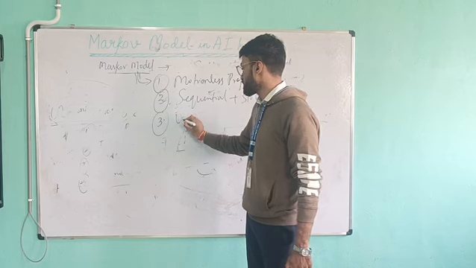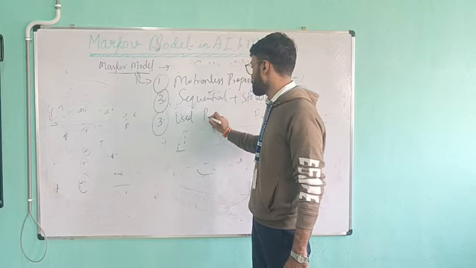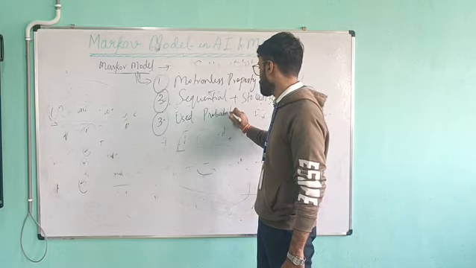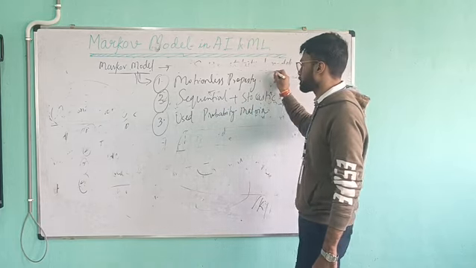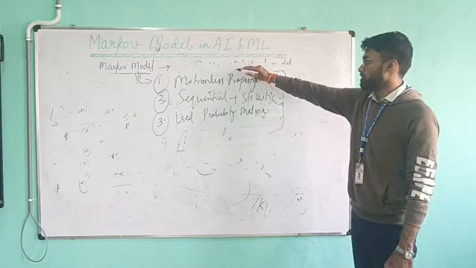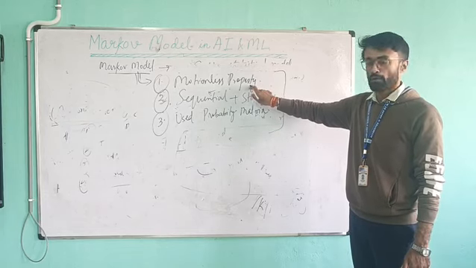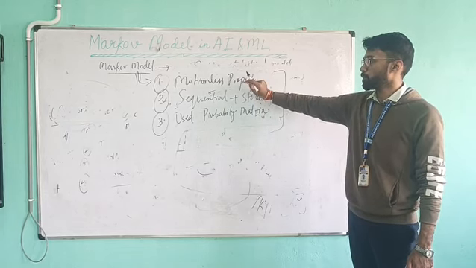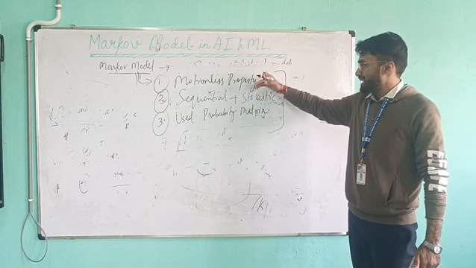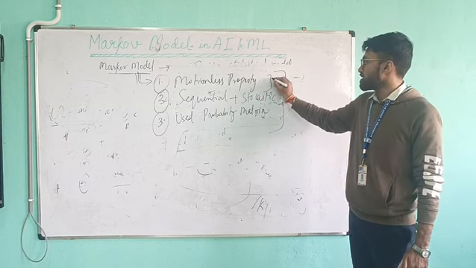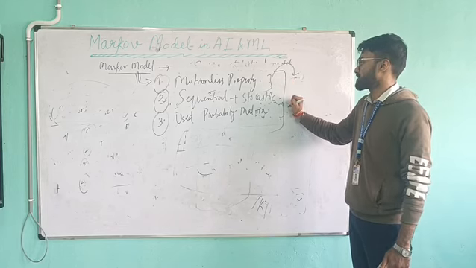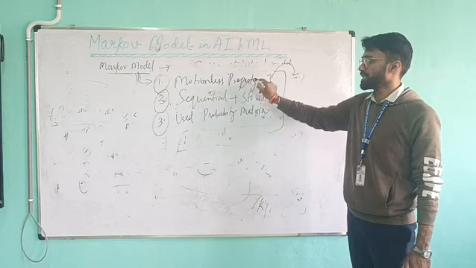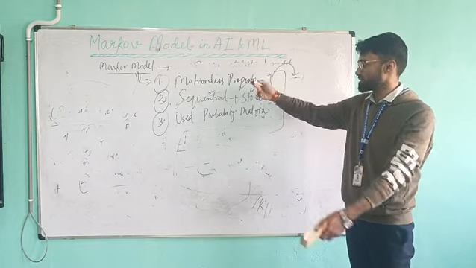Third is that it uses a probability matrix. So these are some of the properties of the Markov model. Memoryless probability means the Markov model only predicts the future states on the basis of the current state. It will basically ignore the sequence of past states.